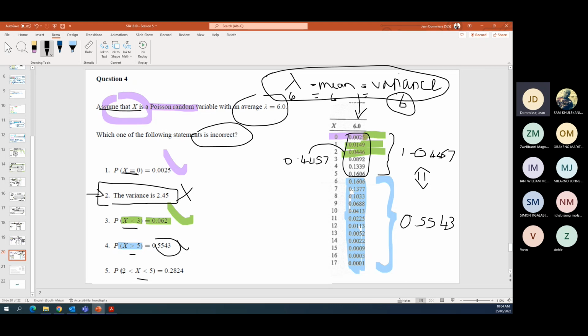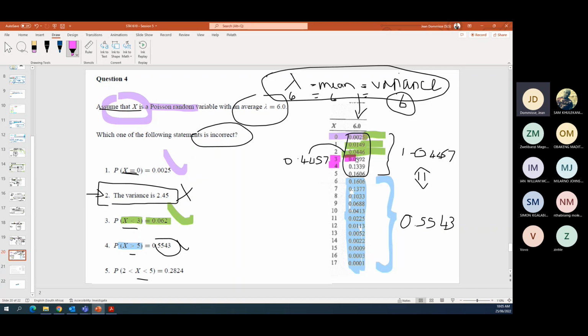Okay, so let's look at the last one so that we get this also sorted out. So x smaller than 5 is up to 4. X bigger than 2 is from 3.